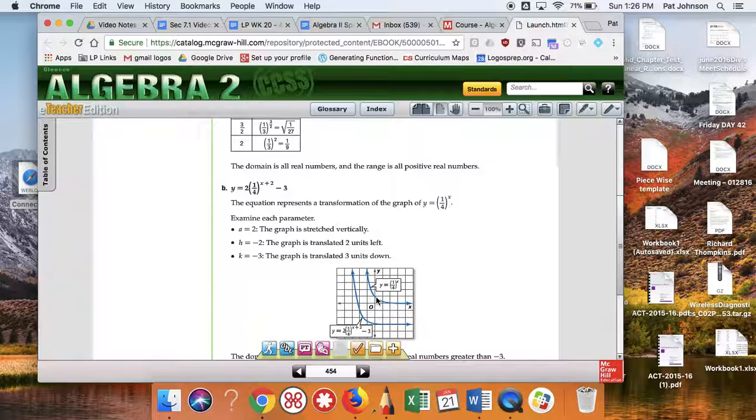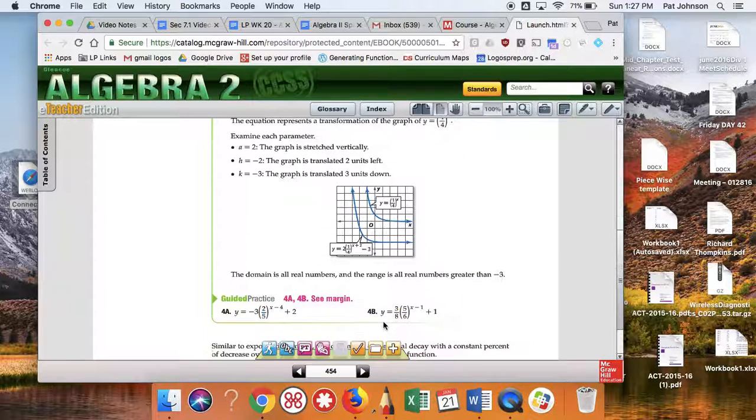So we take it to the left 2 and we go down 3. That means our new asymptote is y equals -3. All right, it's vertically stretched by 2, so it gets closer to the y-axis, and then we can graph our graph. The domain is still all real numbers, and the range is still y is greater than -3.